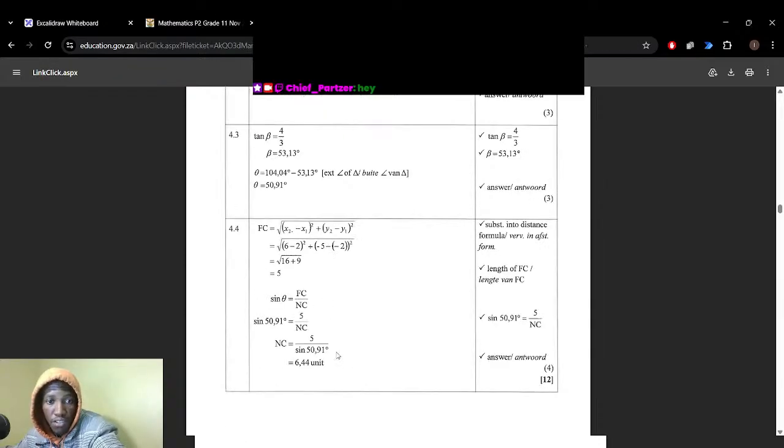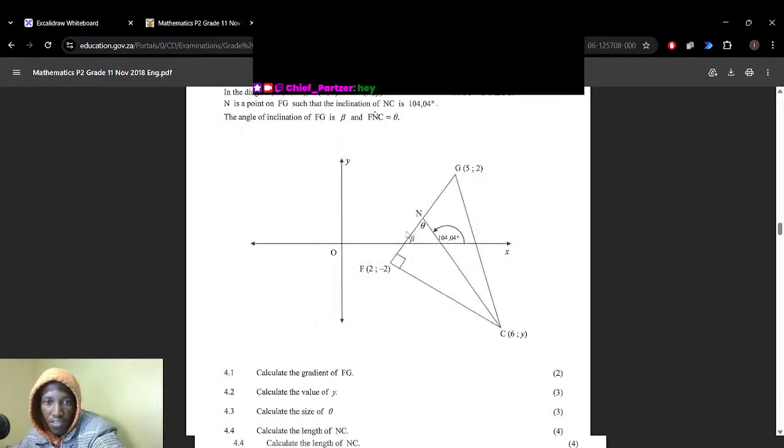And they have used it nicely. Sine theta, so this is a right angle triangle. If you look at the triangle FNC, you see that NC is our hypotenuse.